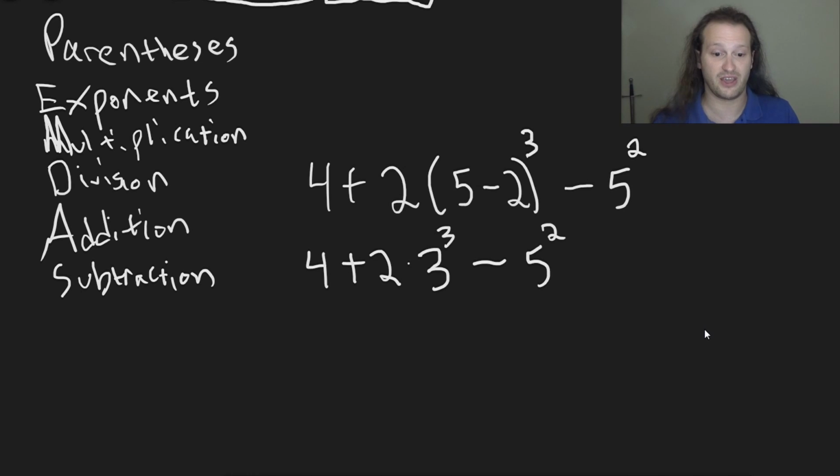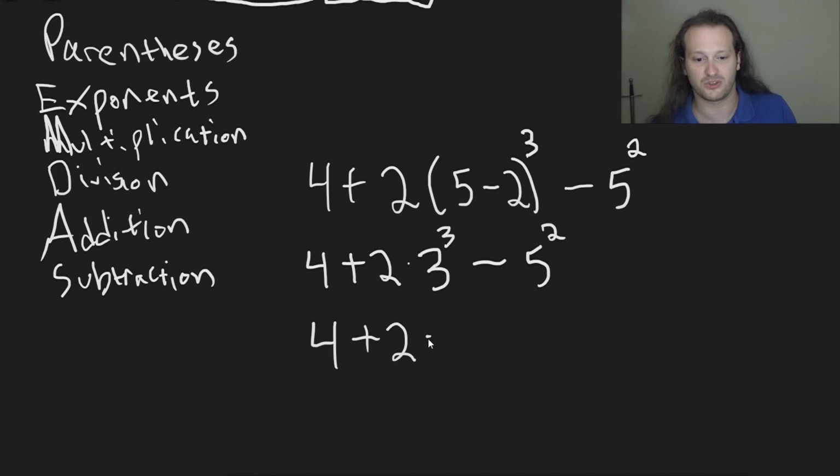So we're going to do all of the exponents at the same time as we come across them. Everything else leaves themselves alone. So we haven't resolved this multiplication yet because we still need to do this exponent.